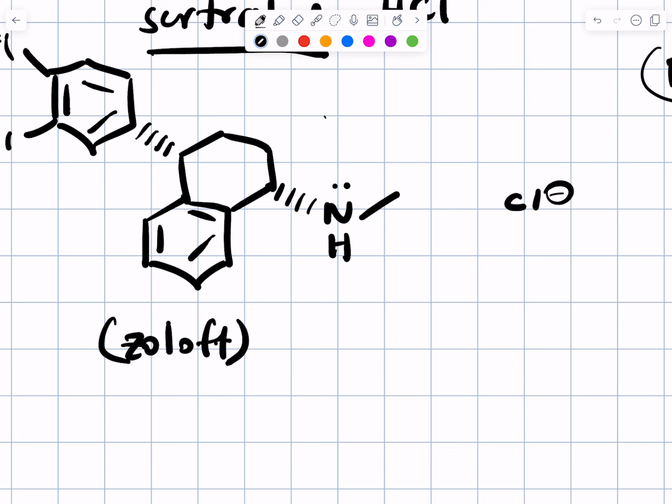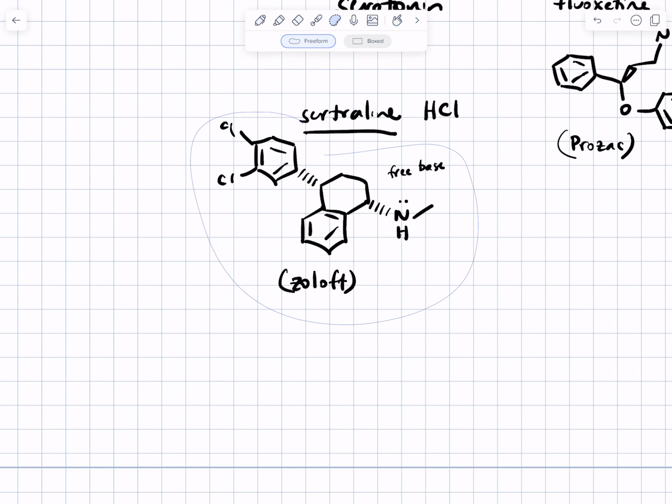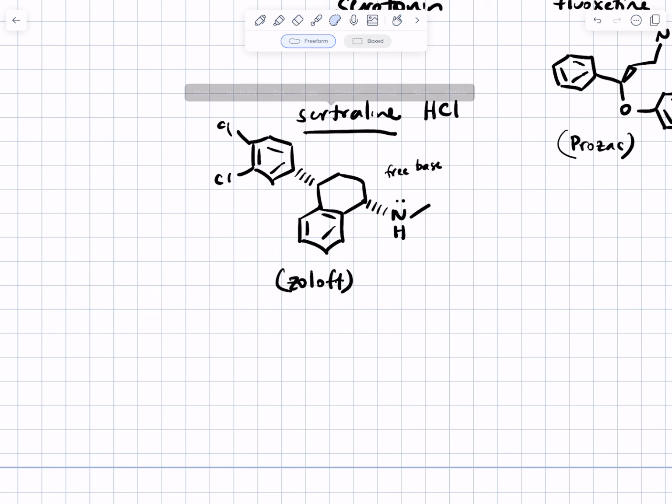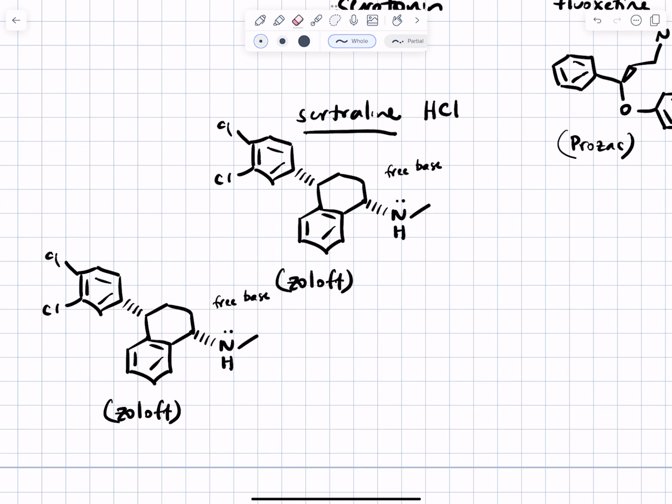The regular amine, which is not protonated, is often called the free base. And then the other version where you protonate the nitrogen is called the hydrochloride salt. So free base and hydrochloride salt.